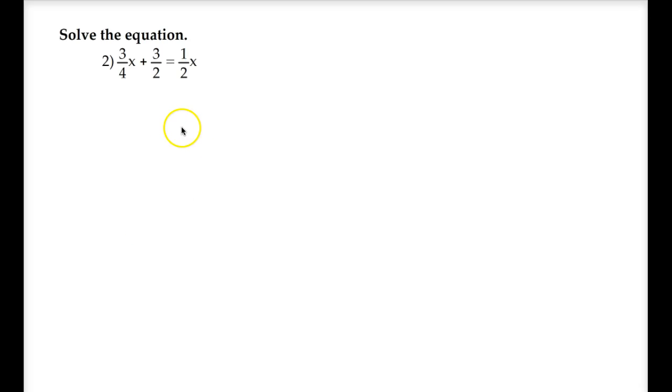The second way is dealing with the fractions. So I'll still be finding an LCD, but in doing that I will deal with the fractions all the way through. Okay, so the first way is I'm just going to use the LCD to clear out our fractions.